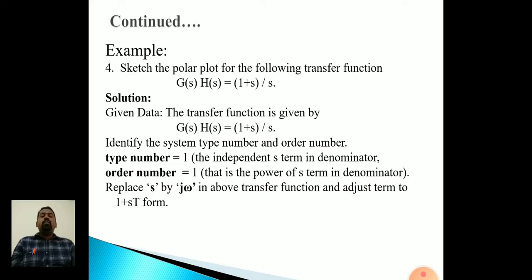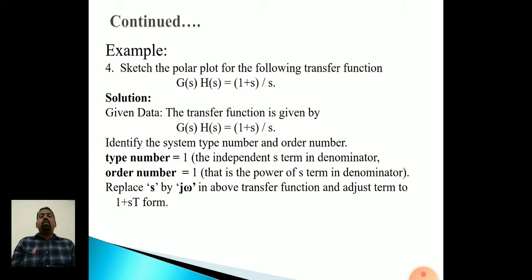Why is it 1? The s term in the denominator, its power is 1, that is an independent s term. This power is 1, hence type number is 1. And the order number is 1 because the highest power of s in the denominator is 1. So both type number and order number are 1.